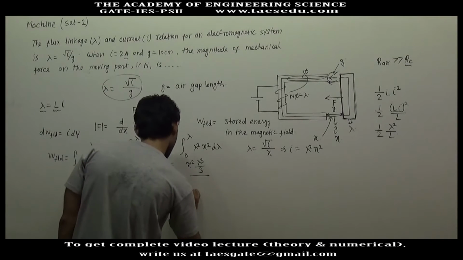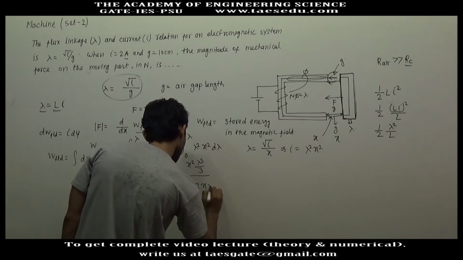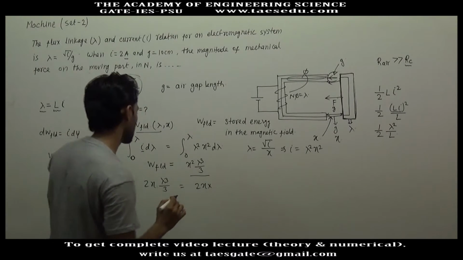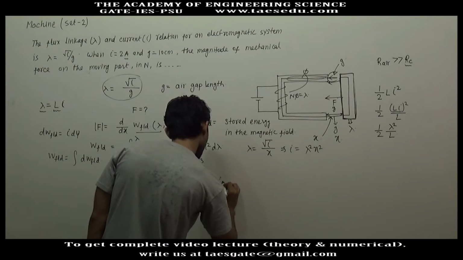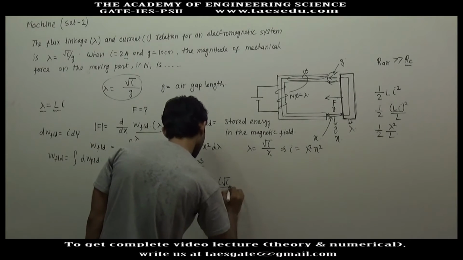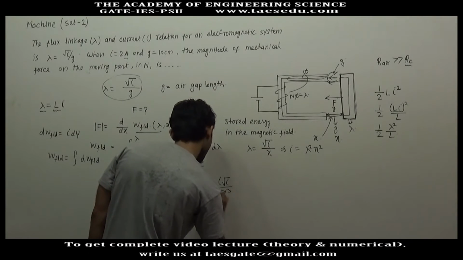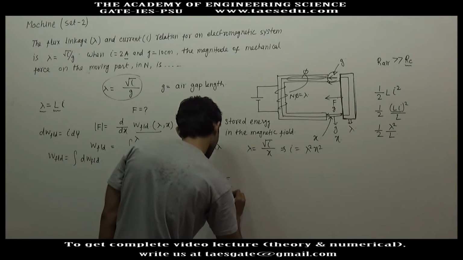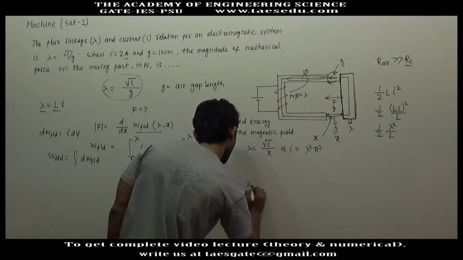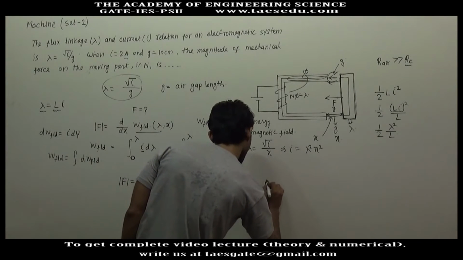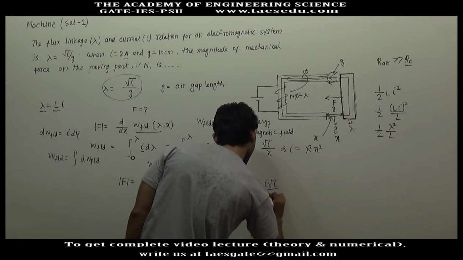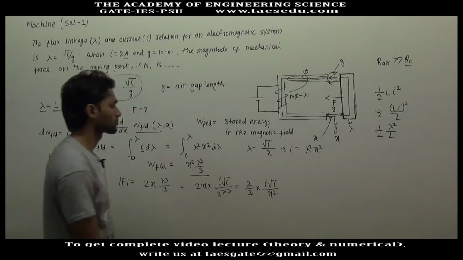So this will be 2x into i root i divided by x cube. So this will be 2 by 3 into i root i divided by x square.